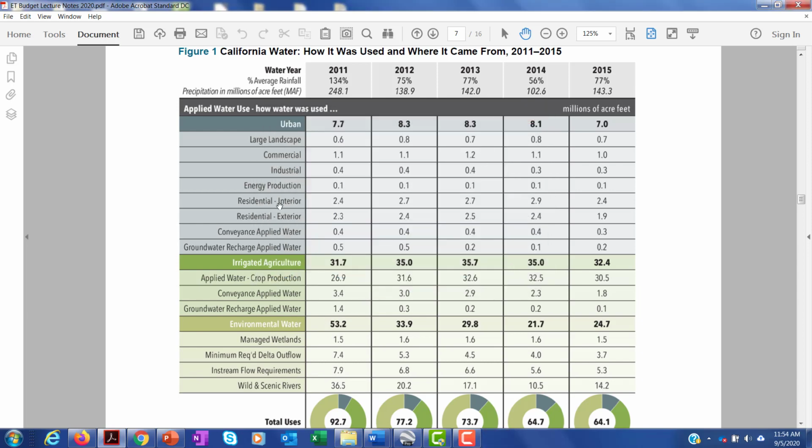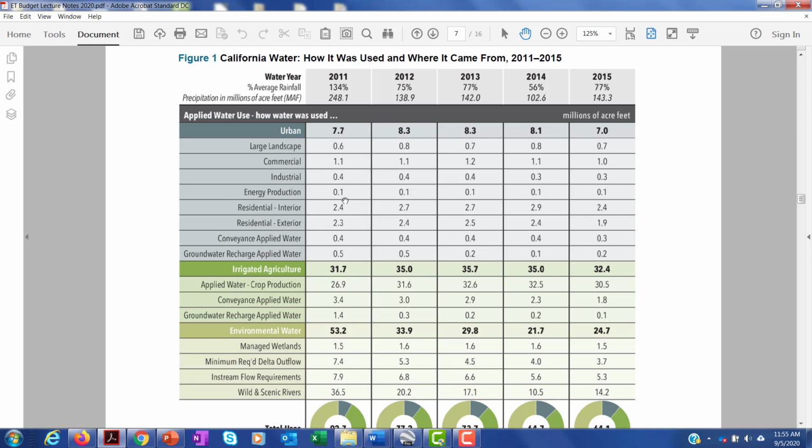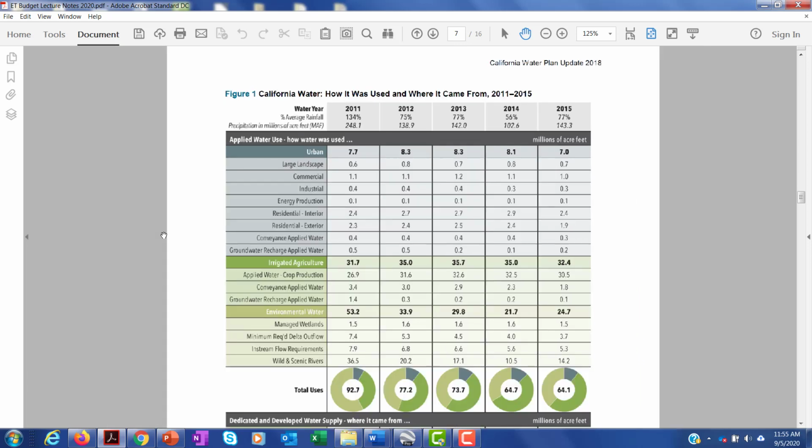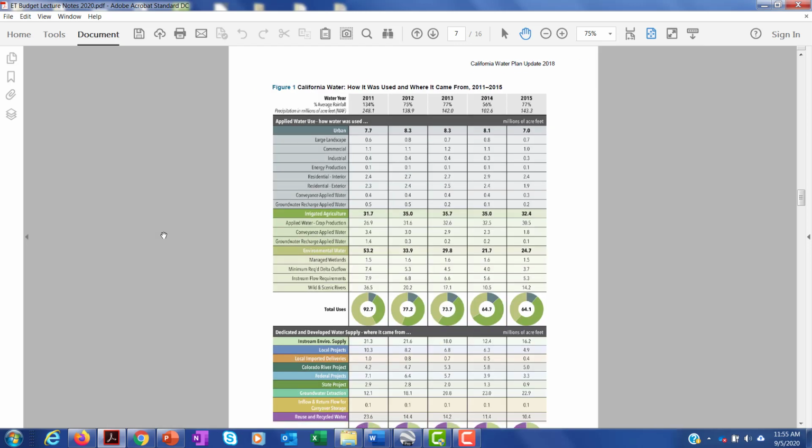But what I wanted to point out here is you can see within the urban, you've got residential interior, residential exterior. And it's the same as the chart before. It's about 50-50 roughly. So this is why this evaporation and evapotranspiration concept is so big.